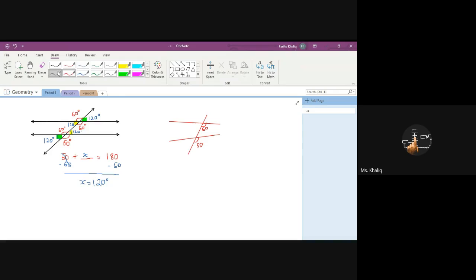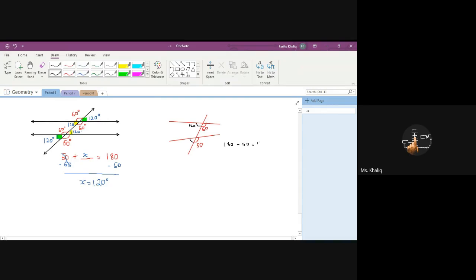As long as you can find the missing angle which corresponds to the straight line. Here, this is a straight line, 180 take away 60 gives us 120. So you would know this is 120. And same thing here, you would do 180 minus 50, which is 130.